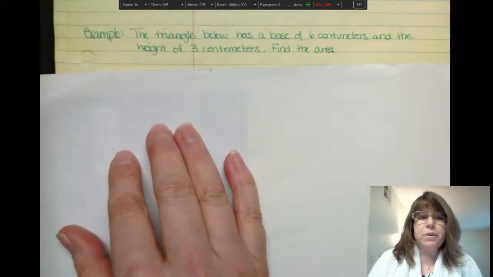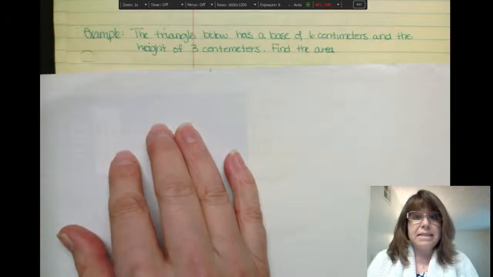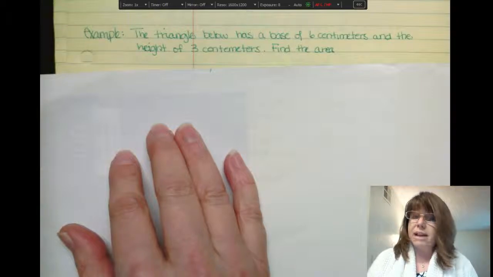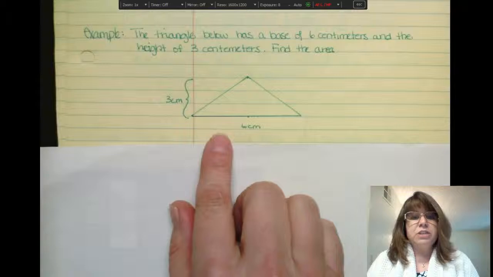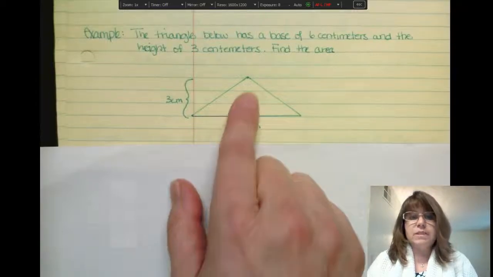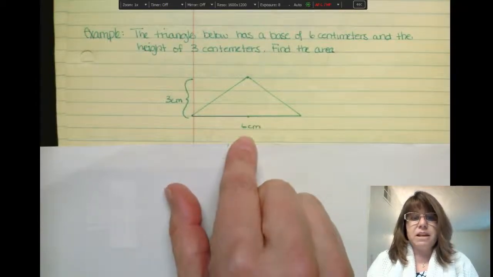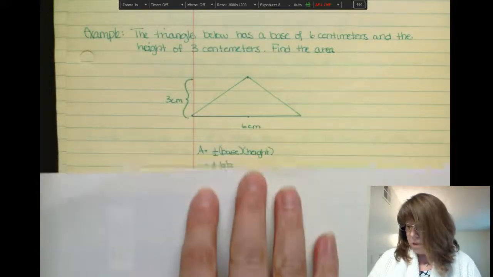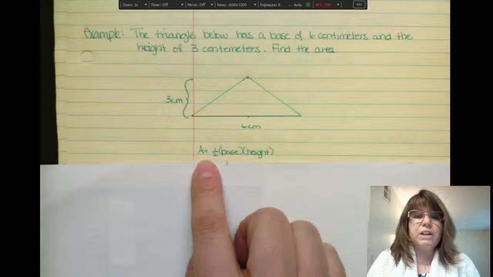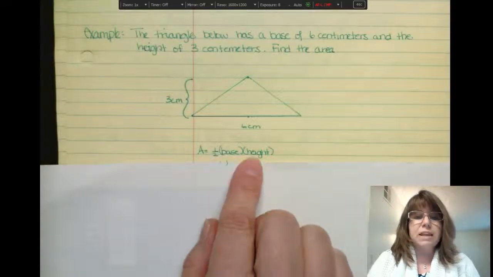Let's try the example. The triangle below has a base of 6 centimeters and the height of 3 centimeters. Let's find the area. I just drew a picture of a triangle with the height of 3 centimeters and the base of 6 centimeters. Sometimes it's nice to see it visually. I'm going to use my equation of area equals 1/2 the base times the height.